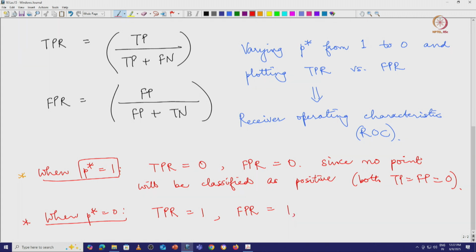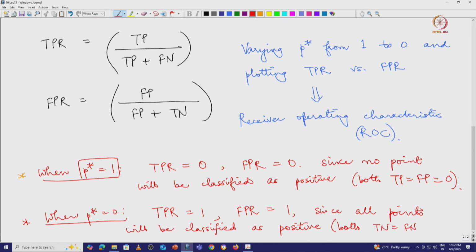So both TPR and FPR are 1, since all points will be classified as positive. In this case both true negative and false negative will be 0; none of the points will be predicted to be negative.